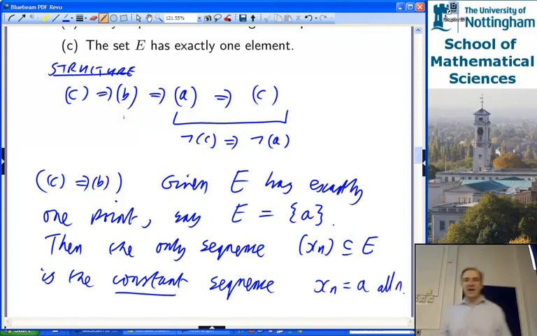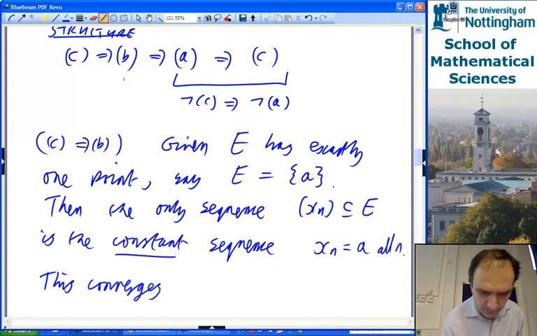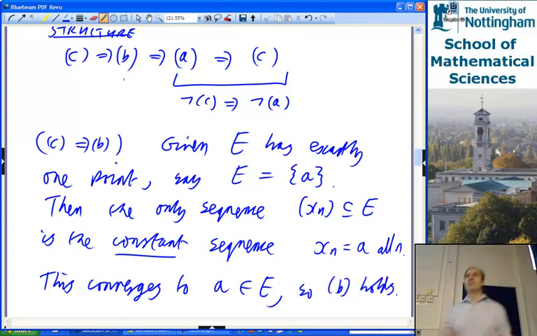And of course, that converges to A, which is an element of E. So B holds. Every sequence in E converges to a point of E.